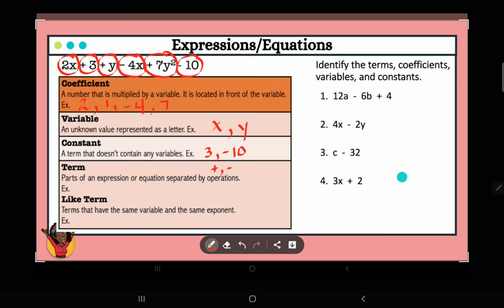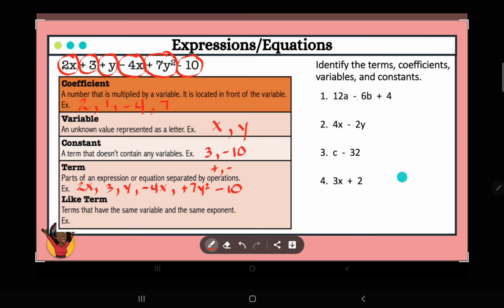All of those values placed together by addition or subtraction are considered terms. So I'm going to list them all here. Then our like terms, we'll talk about that a little bit further in our lesson.